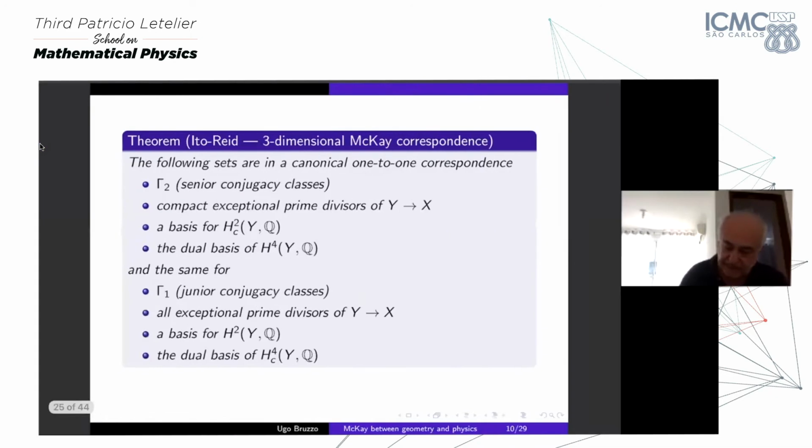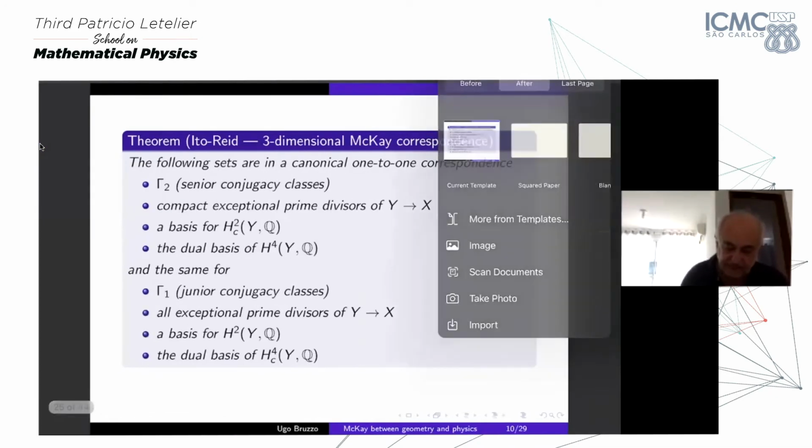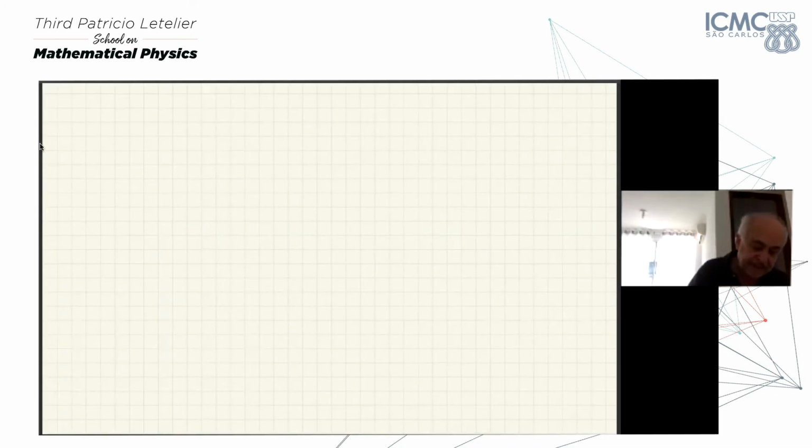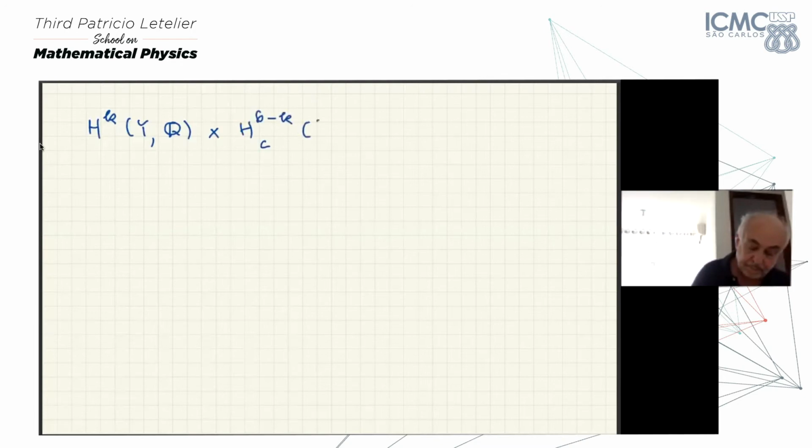Among other things, the reason is that in this case you have a Poincaré duality, because if one of the two factors is compactly supported, there's a well-defined notion of pairing. So you can do things like this. And this is a non-degenerate pairing.